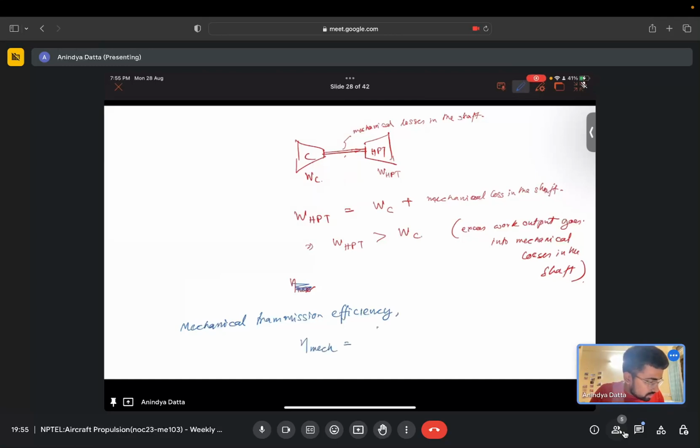This is equal to WC by WHPT. This is valid when the turbine work entirely drives the compressor. Now this is clear how mechanical efficiency is defined.